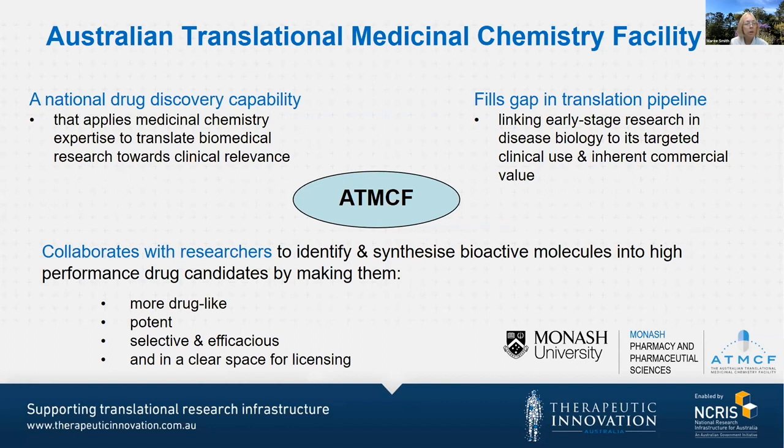The ATMCF scientists collaborate with researchers to identify and synthesize bioactive molecules into more drug-like molecules that we call drug candidates by making them more drug-like, potent, selective and efficacious, and importantly, in a clear space for licensing.